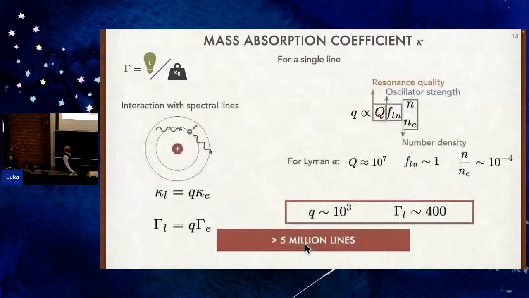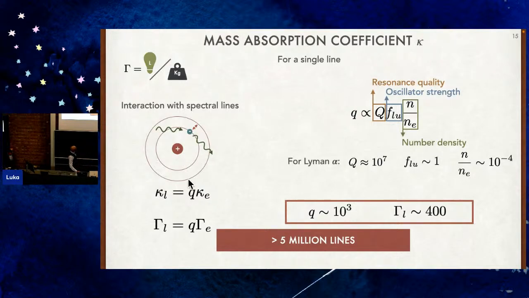Okay, now let's move to the other process, where a photon interacts with an electron in a bound state and moves it between two states. For simplicity, we can scale the opacity of such a process to, again, the opacity of radiation interacting with electrons.